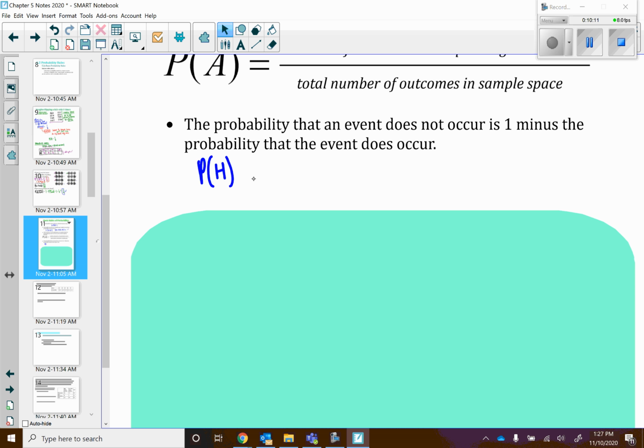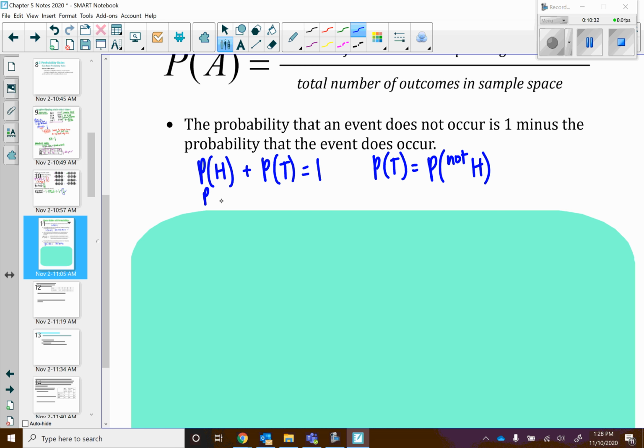Those are the only two options. So the probability that I get tails is the same as the probability that I do not get heads. And so we could write this as the probability of heads plus the probability of not heads is equal to 1.